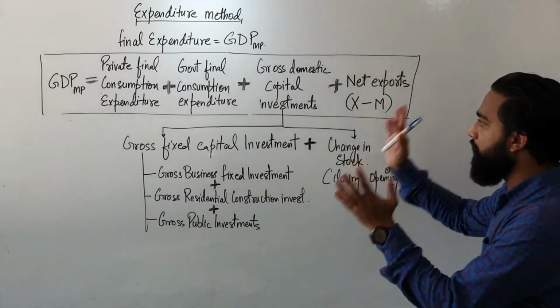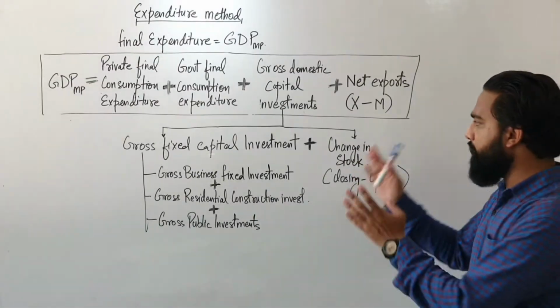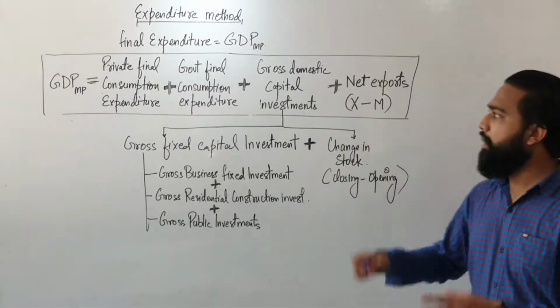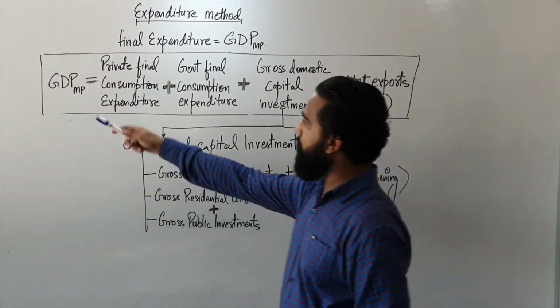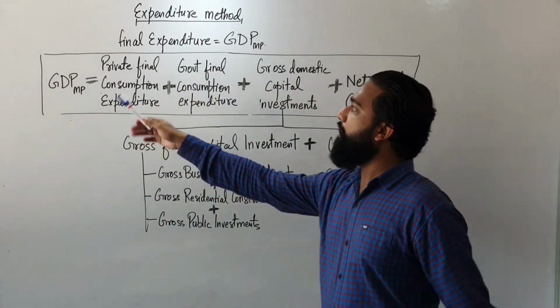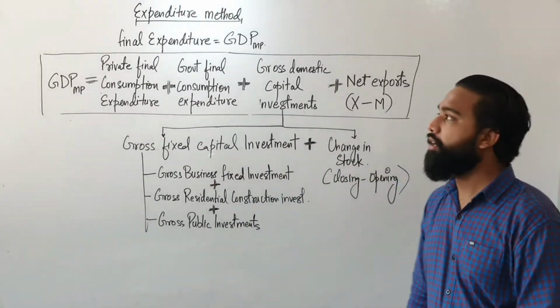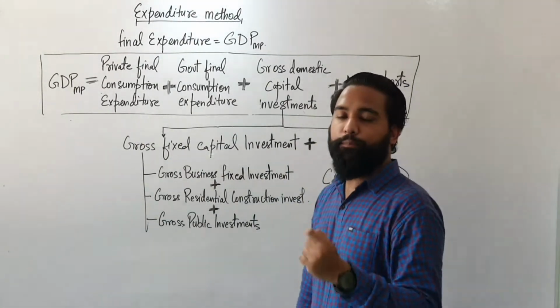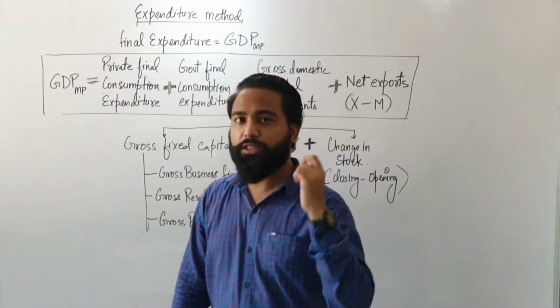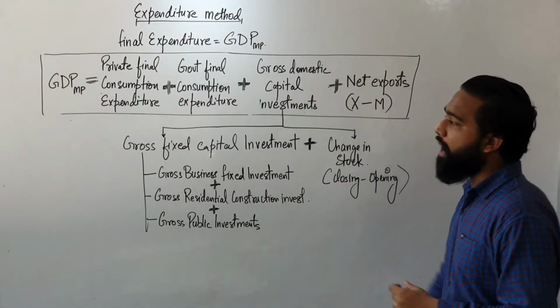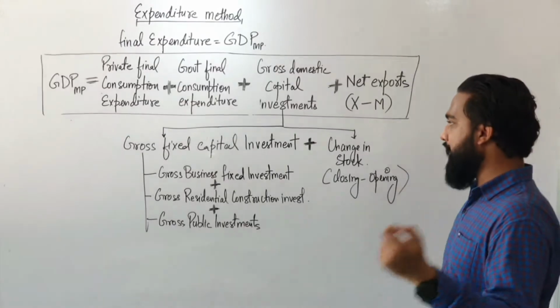Here is the complete formula, all the formulas of your expenditure method. Now there is one basic formula which is the bigger rectangle. With the expenditure method you calculate the final expenditure, which is GDP MP, gross domestic product at market price.